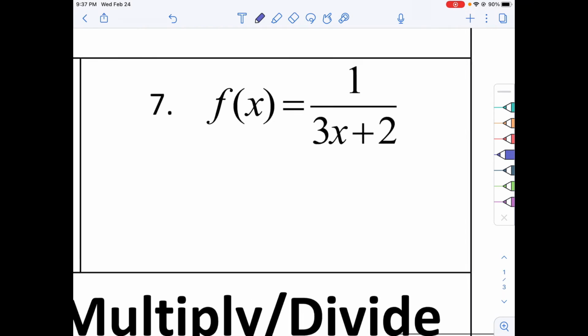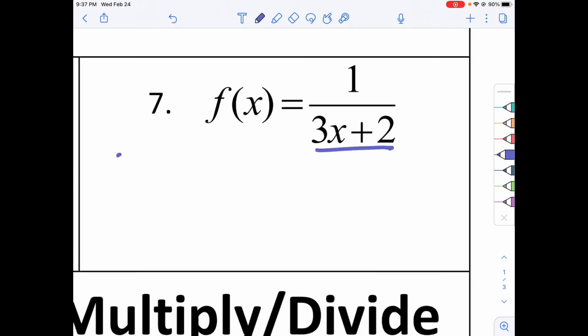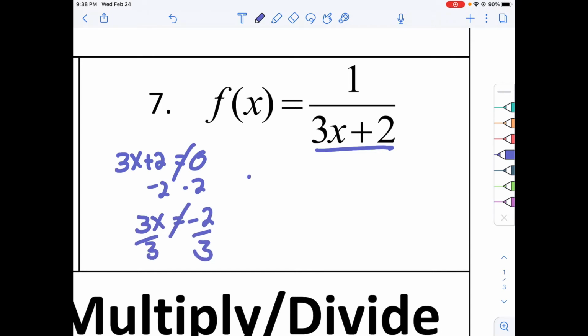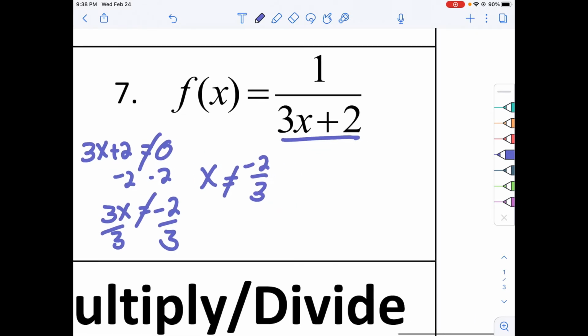Number 7, same idea. We have an x in the denominator, so we say 3x plus 2 cannot be equal to 0 because we can't have 0 in a denominator. Subtract the 2, you get 3x cannot be negative 2. Divide by 3, you get x cannot be negative 2/3. So then how do we write this domain?